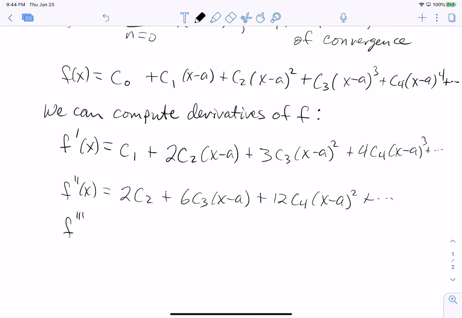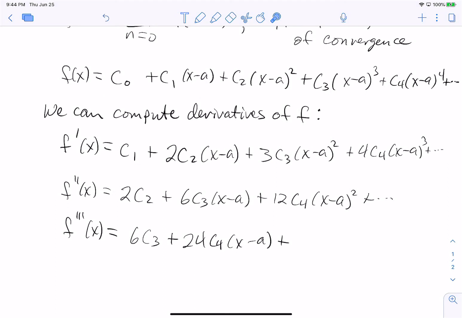Continuing on, f triple prime of x, well now how far is this going to go? Just a couple more steps here, is going to be 6c3 plus 2 times 12, so 24, times c4 times x minus a plus, now let's see if we can predict what the next term would be had we written it all down. The first term we did not write down in the expansion of f of x was c5 times x minus a to the fifth power.